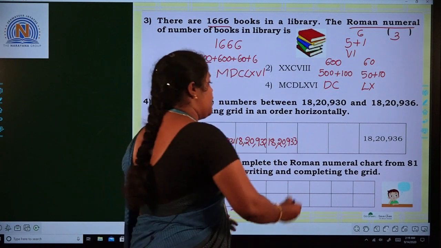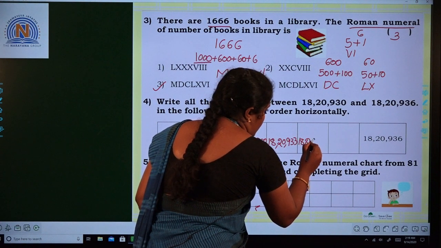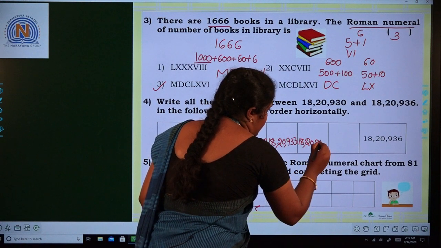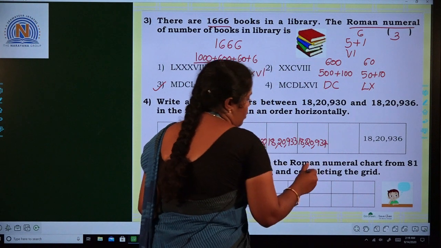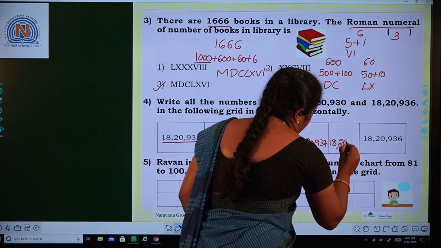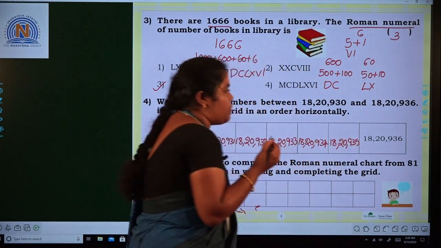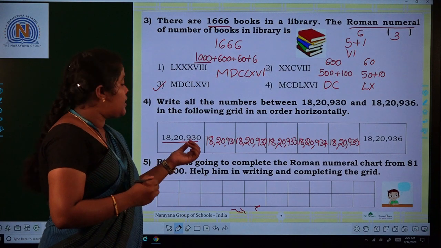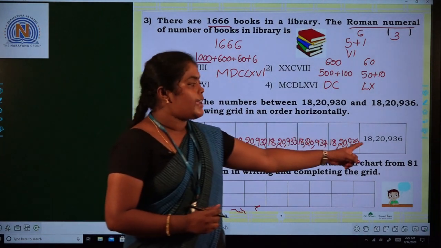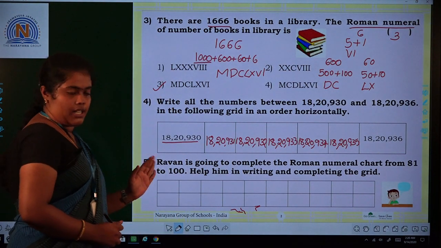After that number 18 lakhs 20,934. After the number is 18 lakhs 20,935. Those are the in between numbers of the 18 lakhs 20,930 and 18 lakhs 20,936. Now we will go to the fifth question.